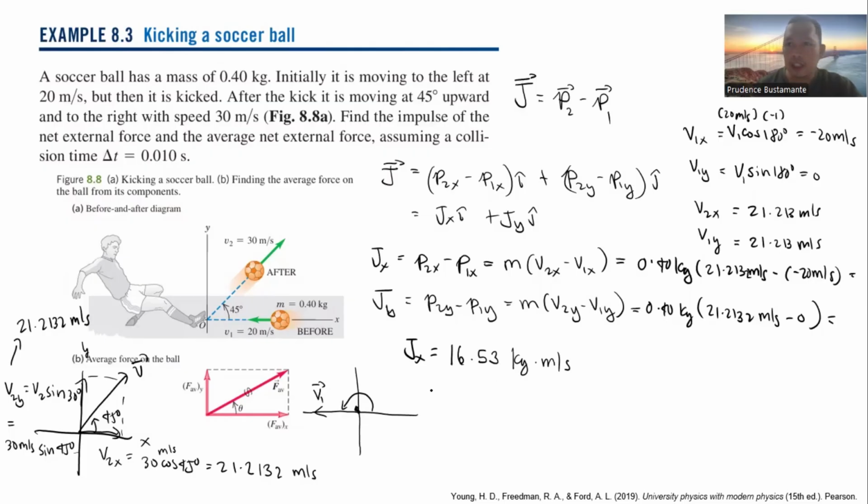Why are we not obeying the rules for significant figures in the result? Because this is not yet final. If the calculation is not final, it's good to keep extra digits. 0.40 times 21.232.